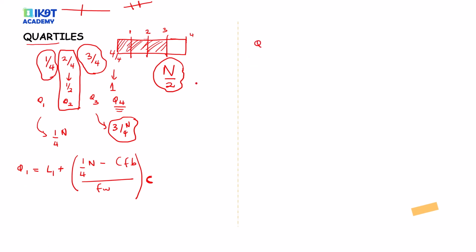So Q2 would be the median. I'm not going to do Q2. Then Q3 would be L1 plus... Now here, instead of having a median class, when we get a quarter n, the value just above a quarter n in the cumulative frequency is the one we use.